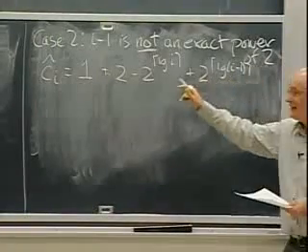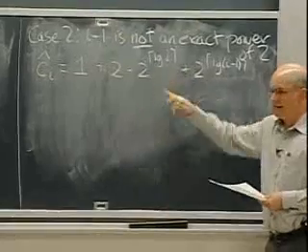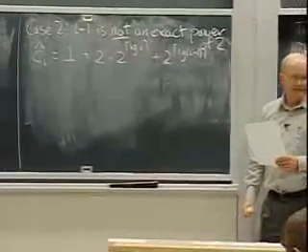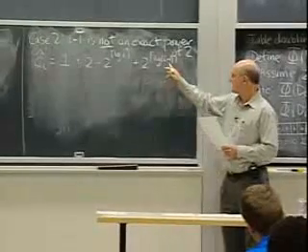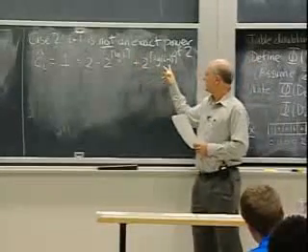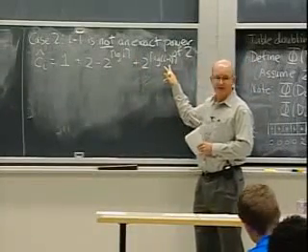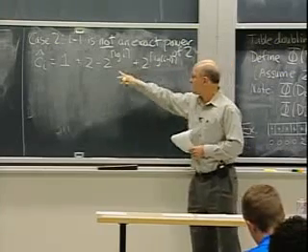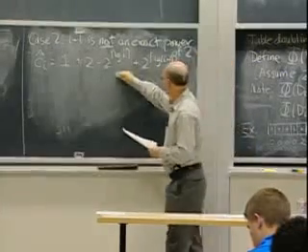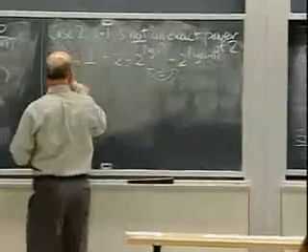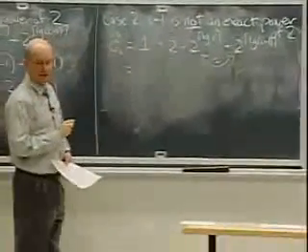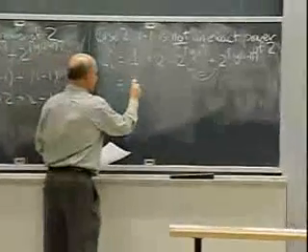What are they? Equal. Why is that? Yeah, the ceiling is going to do the same thing to both, going to take it up to the same integer. So these two things are equal, which means this is equal to 3.